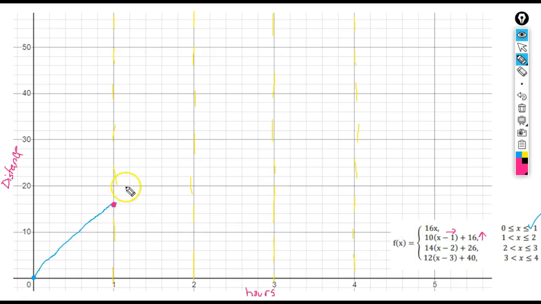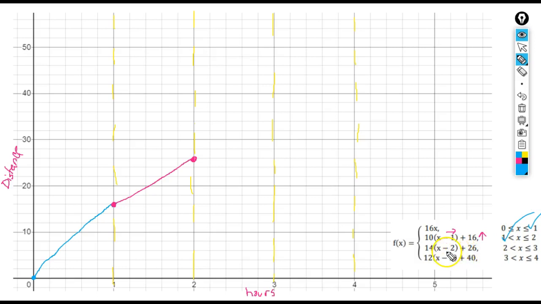Our slope is 10, so we want to go up 10 and over 1. 2, 4, 6, 8, 10, and over 1. And this gives us our second piece of the graph. They almost look like a straight line. This one's just a little less steep. So we have one piece and then a second piece. Now I can check that one off my list and I can move on to my third piece.